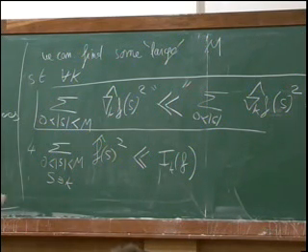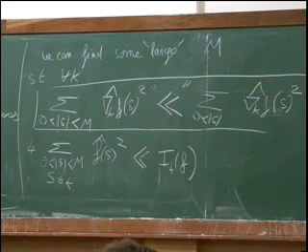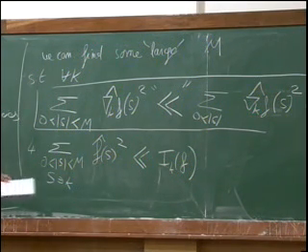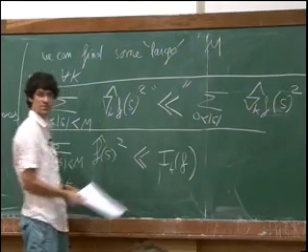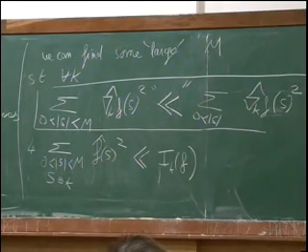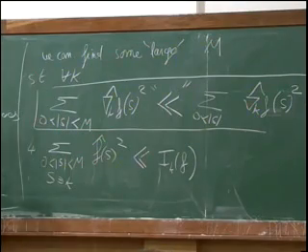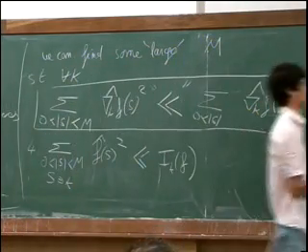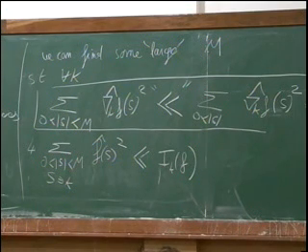So now I erased it, but in KKL, you want to compare the total influence with the variance of your function. So now let us sum over all the variables k, and let's see where this leads us.